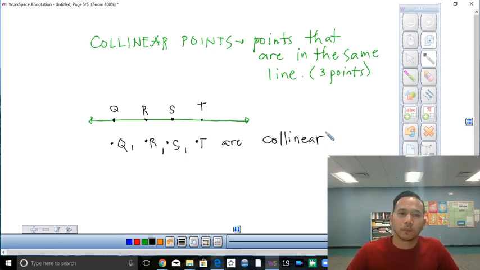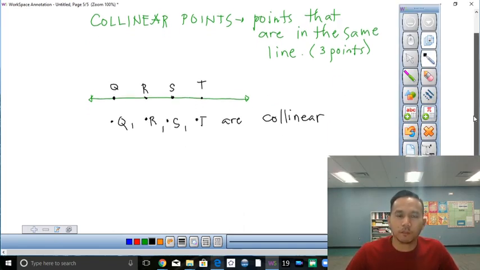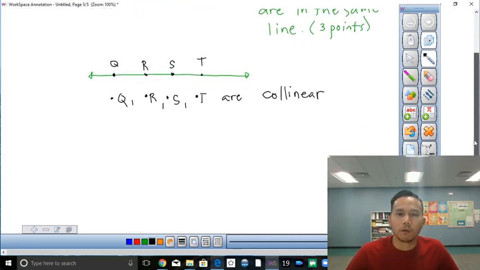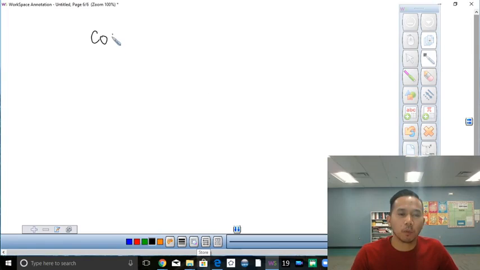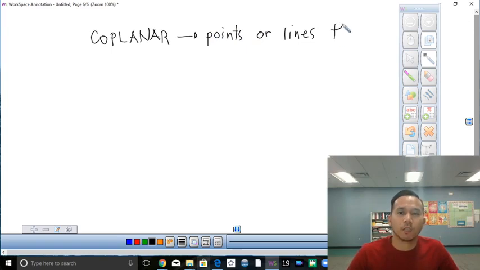Okay. Now, another term that I want to give a definition of, which is important, is coplanar. Okay. So when we say coplanar, this can be points or lines that are in the same plane.